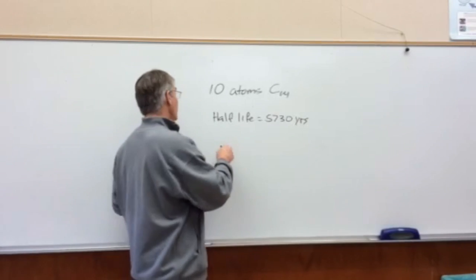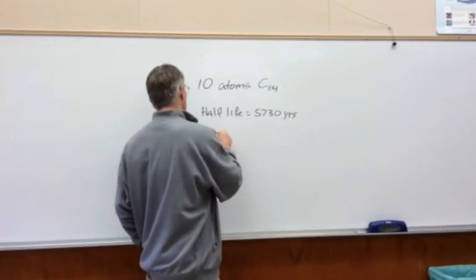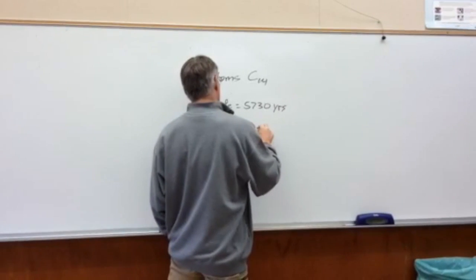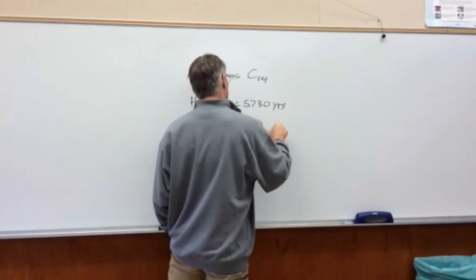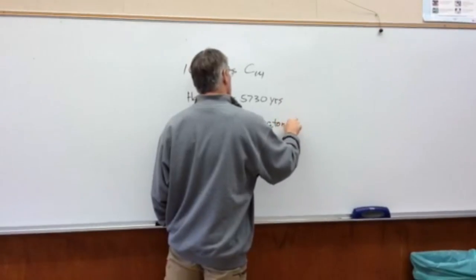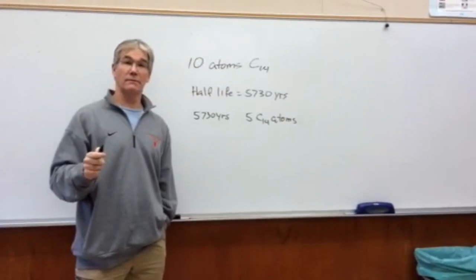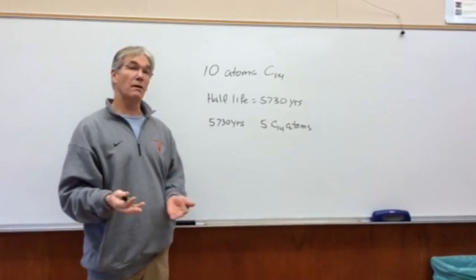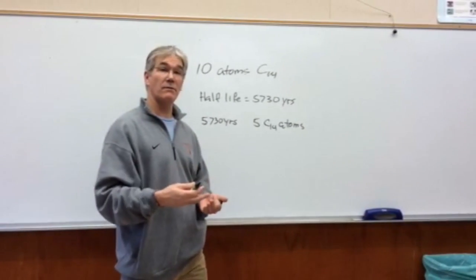So after 5,730 years, we would have 5 carbon-14 atoms left. And that continues until there is not a measurable amount of the radioactive isotope left.